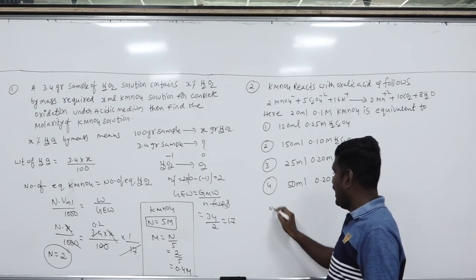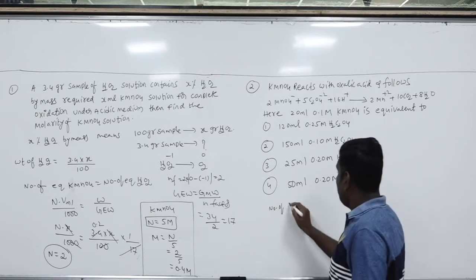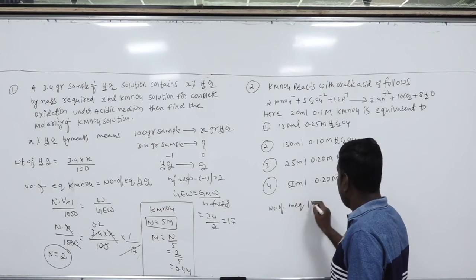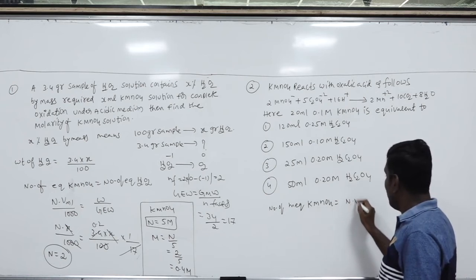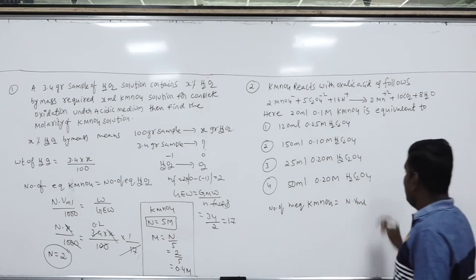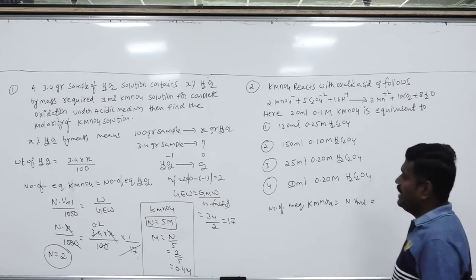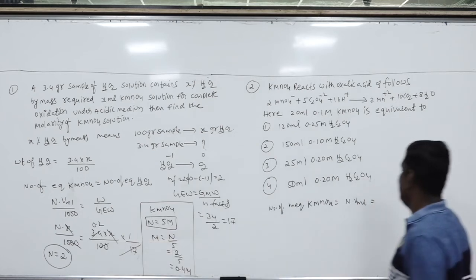First of all, find the number of milli equivalents of potassium permanganate. Number of milli equivalents is equal to normality into volume in milliliters. Normality is n factor into molarity.